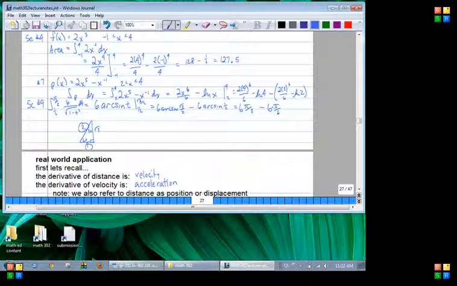First, let me just make some comments. We also refer to distance as position or displacement. A small technical comment about this: technically speaking, position or displacement is different from distance.